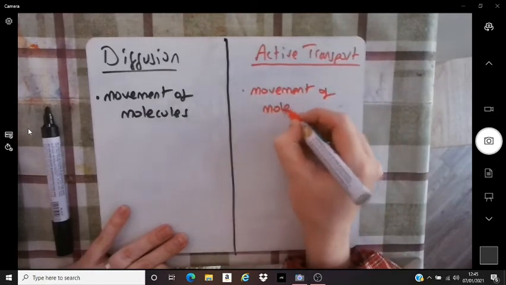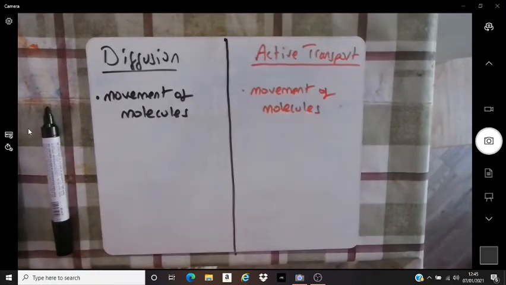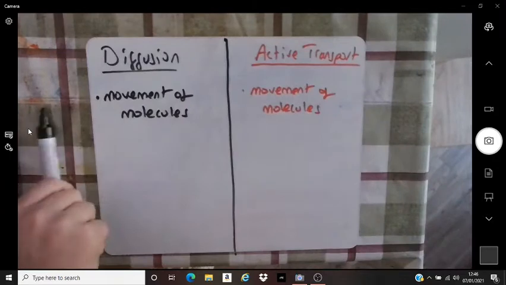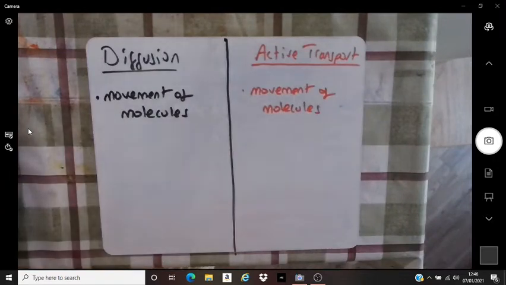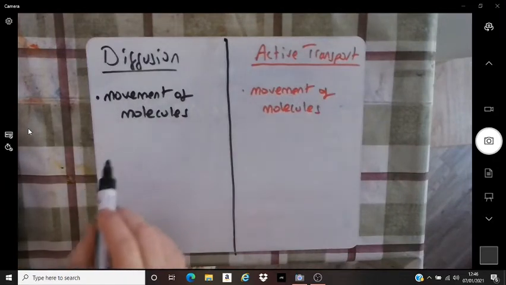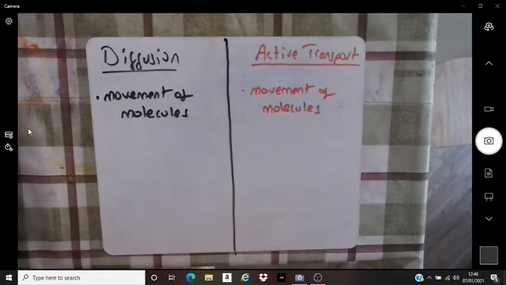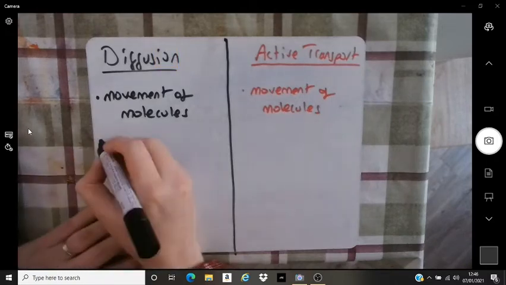Look at that, guys, we've got a similarity. I know with diffusion, that movement of molecules when it diffuses is how we would say it's down a concentration gradient, or to be more specific, the movement is from a high concentration to a low concentration.